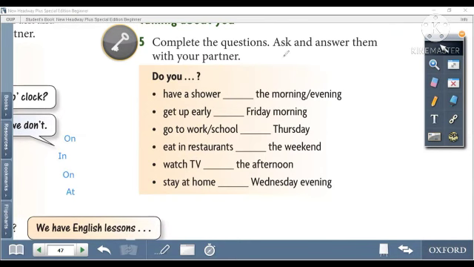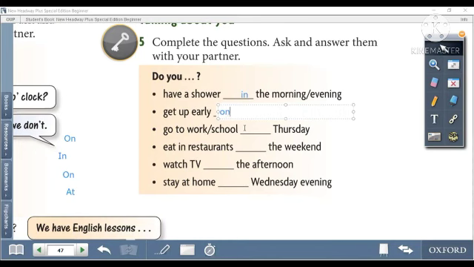Okay. Here I have a period of time, so I say in, with a small letter because it's in the middle of the sentence. So, do you have a shower in the morning? Do you get up early Friday morning? I have a day and a period of time, so on. Excellent.